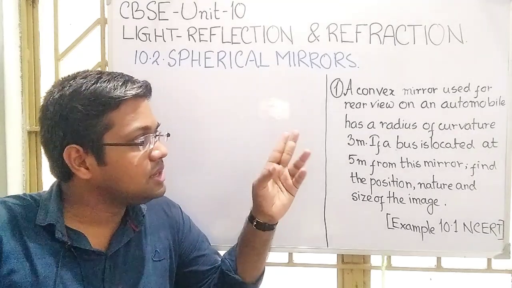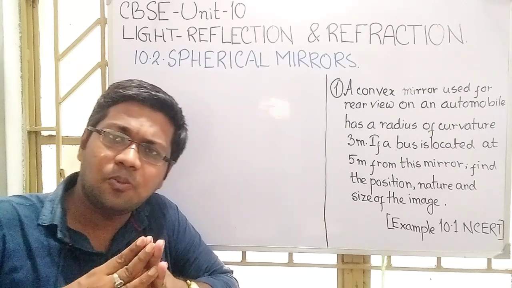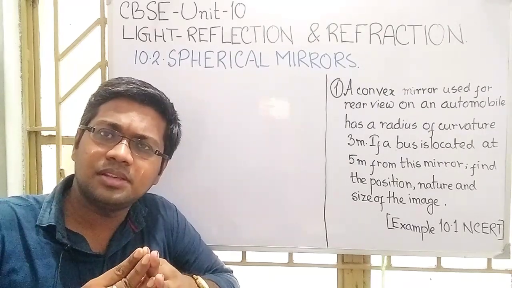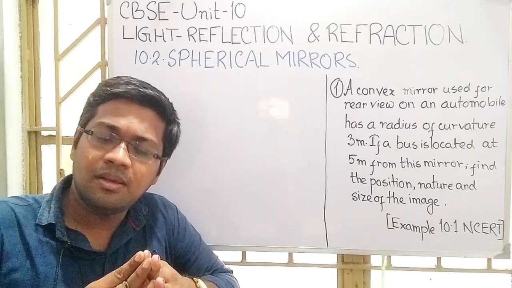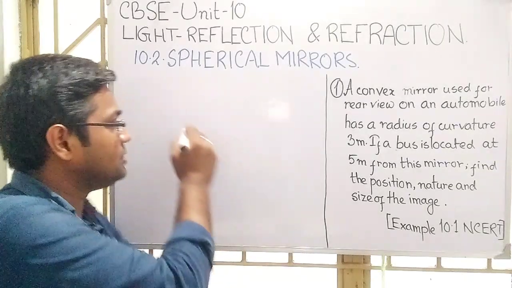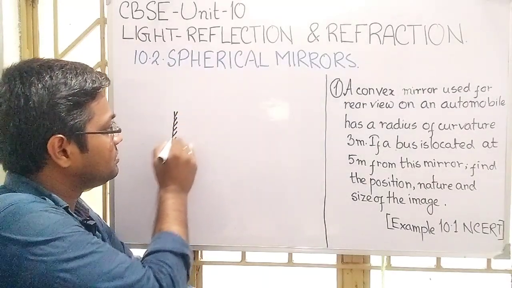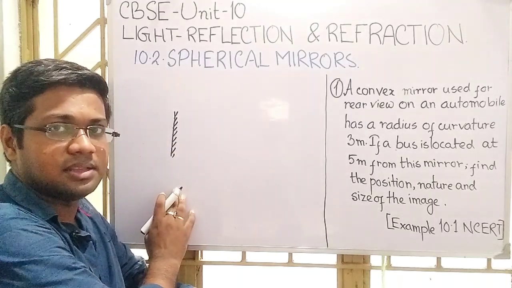The question is that a convex mirror is used as a rear view mirror. From here one question may arise: why is the convex mirror used as a rear view mirror? If I draw this thing, then it will be clear to you. If I draw a plane mirror, it looks like this.